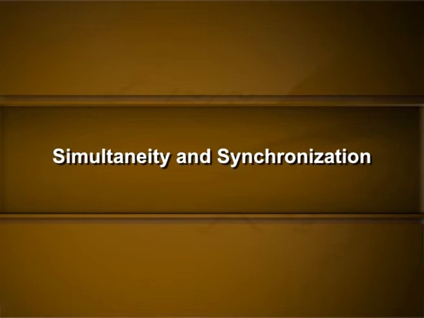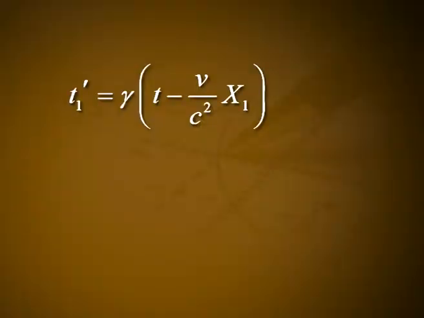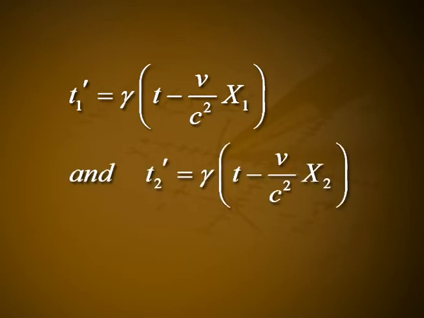Simultaneity and Synchronization. Consider two events occurring at the same time t and at two different points x1 and x2 in the system S. For the observer in S dash, these events would appear to occur at times t1 dash and t2 dash given by t1 dash is equal to gamma into t minus v by c square x1 and t2 dash is equal to gamma into t minus v by c square x2. t1 dash is not equal to t2 dash.